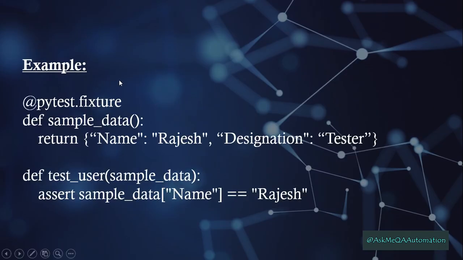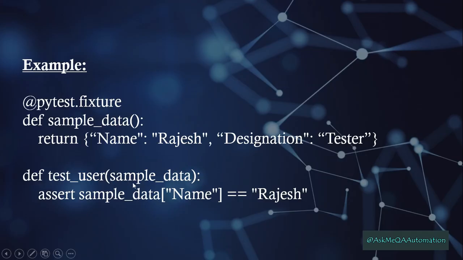As you can see in this example, sample_data is a function returning JSON data, and we have specified the @pytest.fixture annotation. This takes care of converting this function to a fixture function. test_user is the test function, and here we are passing sample_data as an argument.